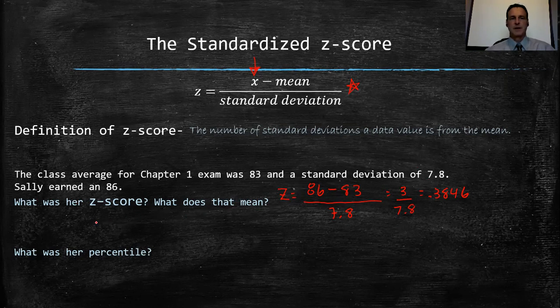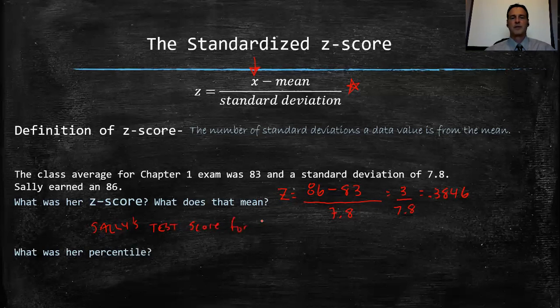It means Sally's test score for Chapter 1 was 0.3846 standard deviations, and since it's positive, above the class average. If it were negative, then instead of saying above, you would say below.